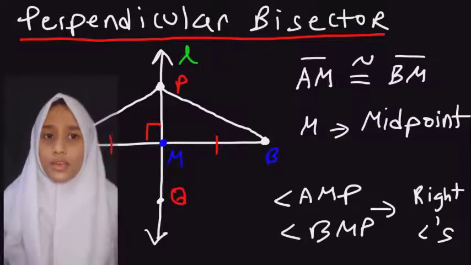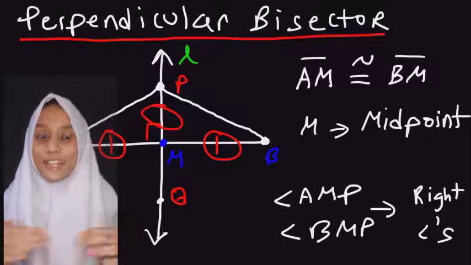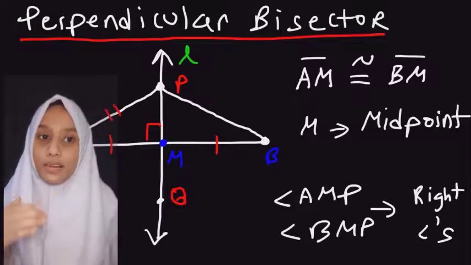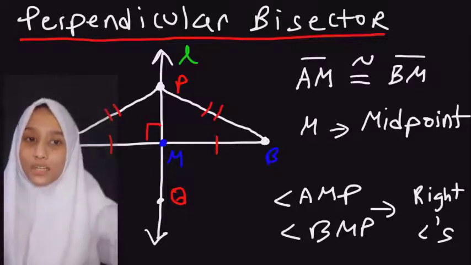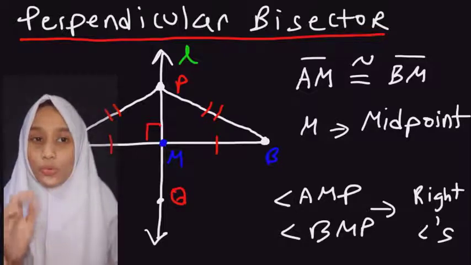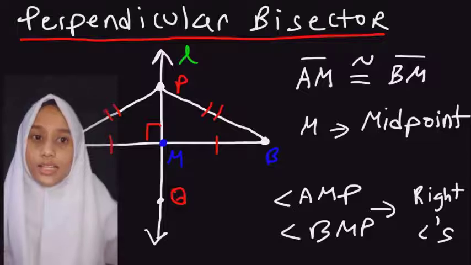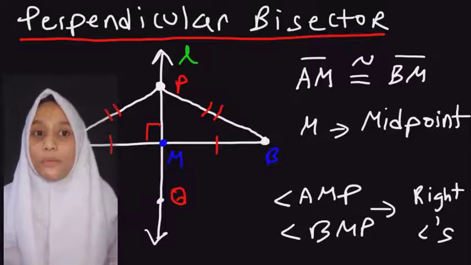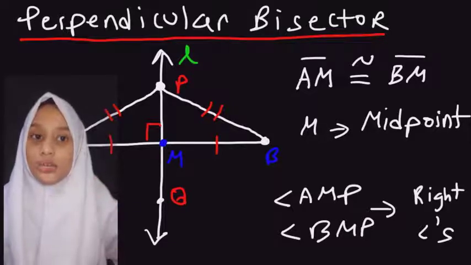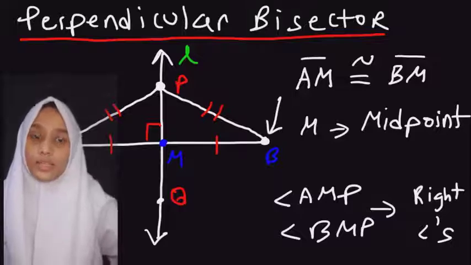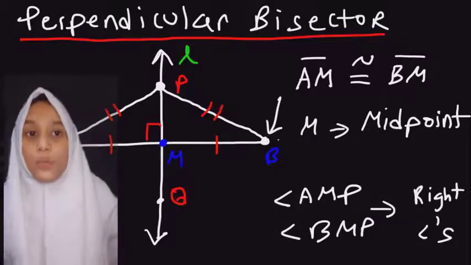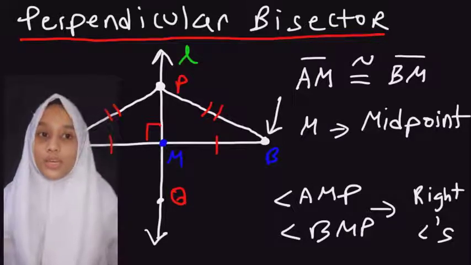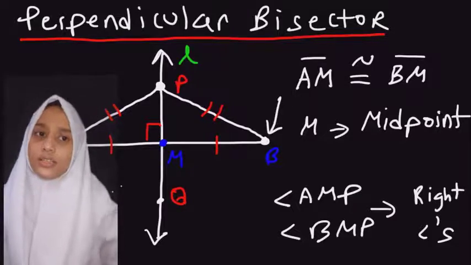Therefore, because the two sides are the same, and this side is a common side which is associated with the reflexive property, it turns out that AP is congruent to BP, and so that's another feature of a perpendicular bisector: any point on the perpendicular bisector is equidistant from the endpoints of the segment that it bisects. So P is equidistant from points A and B. So we can say that AP is congruent to BP.